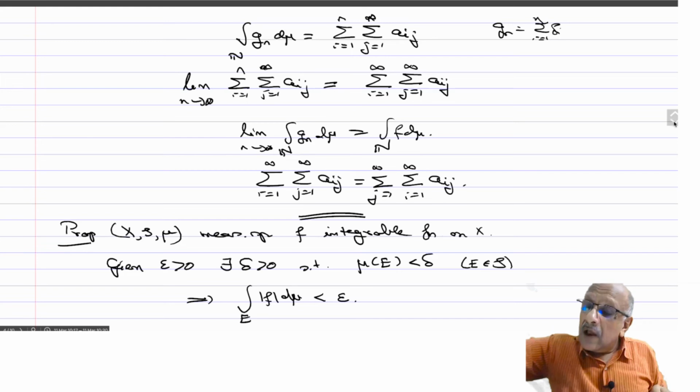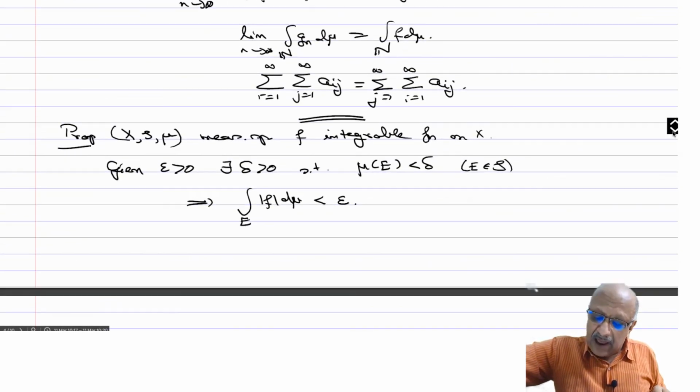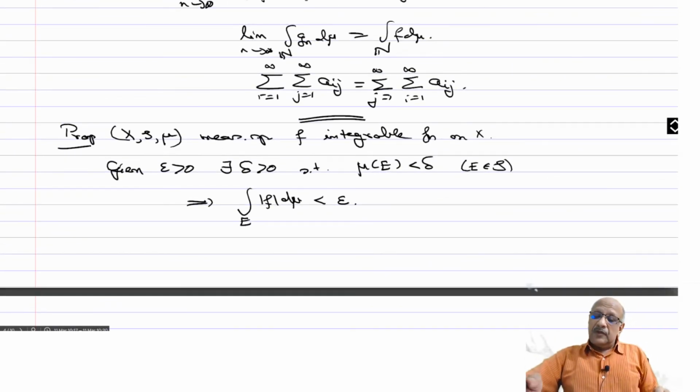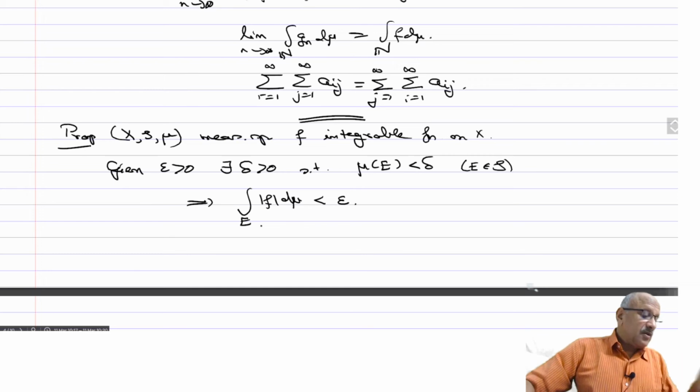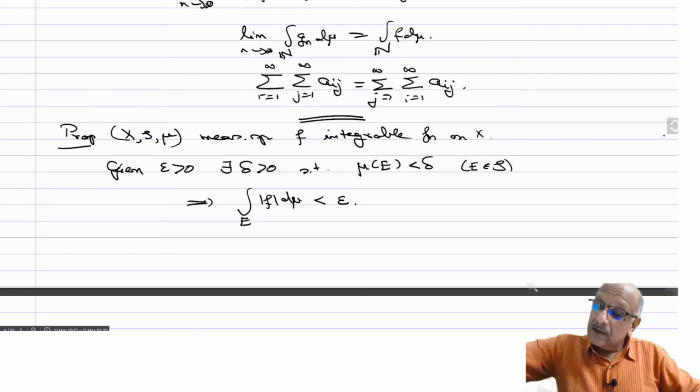So there is some kind of continuity, and we call this in fact absolute continuity. If the function is integrable, then you take the indefinite integral of mod f, namely the integral over any set E of mod f d mu. So if the measure of E is small, then the integral can be made small. This is the theorem.